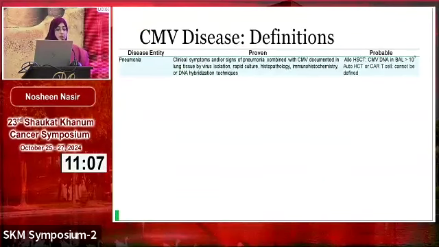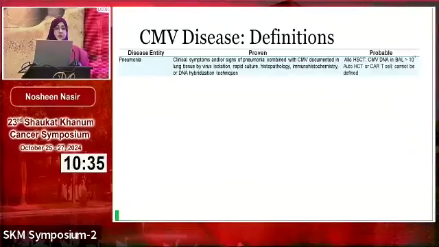And so when we look at pneumonia, there is proven CMV disease and probable CMV disease. Proven CMV disease is when there is a presence of clinical signs and symptoms followed by a documented infection in the lung tissue, either by virus isolation, rapid culture, histopathology, immunohistochemistry, or hybridization techniques. The infection is probable if on BAL you find CMV DNA of more than 10 to the power 3 per high power field.